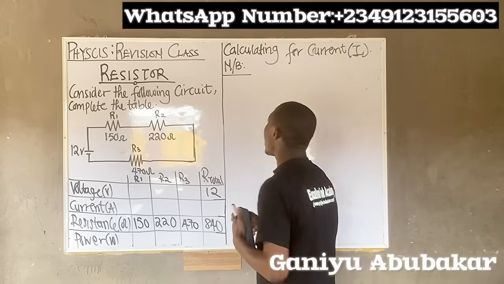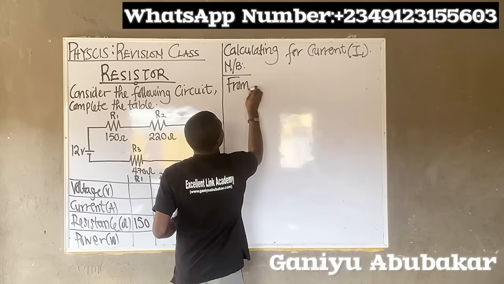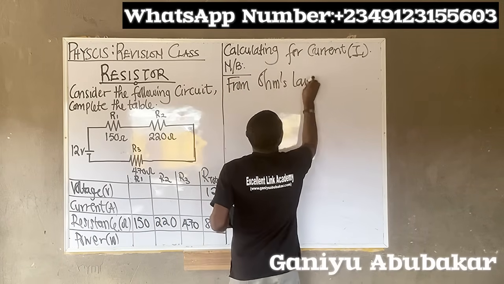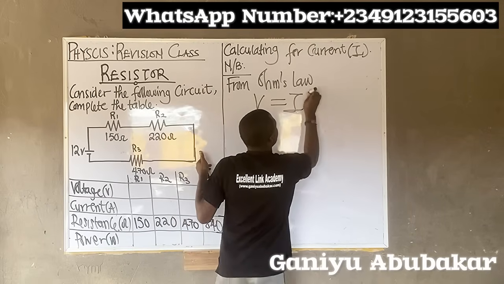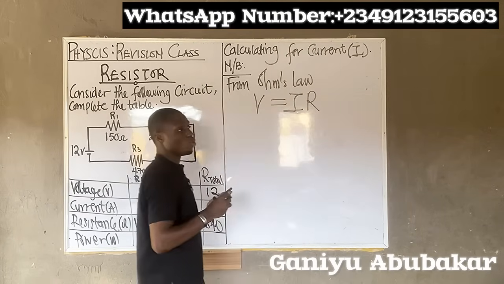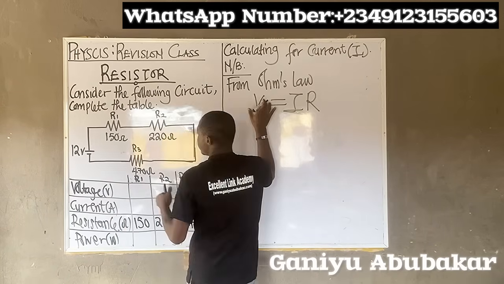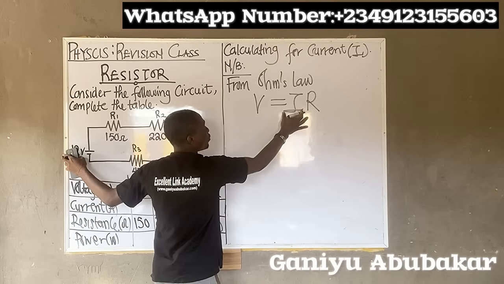Now, here's the idea, please. How do I get current here? From Ohm's law, we said that V is equal to IR. This is Ohm's law in general form. Voltage is given, that's 12. My I is what I'm looking for.